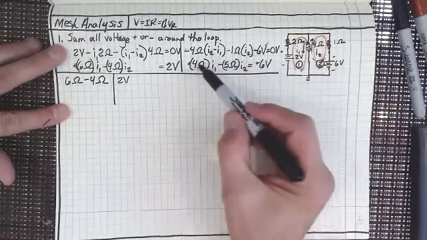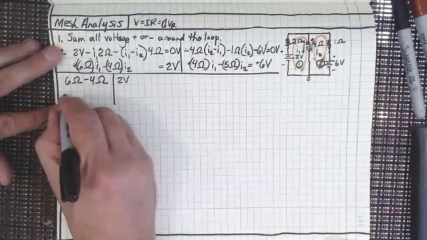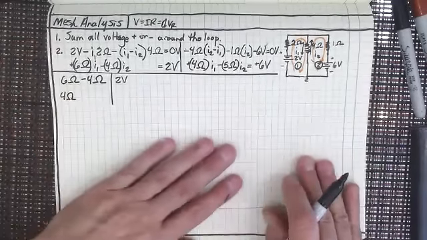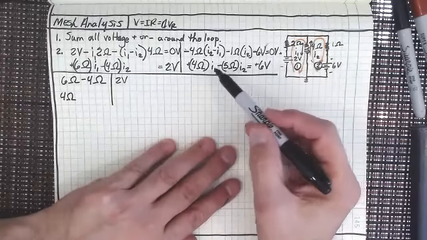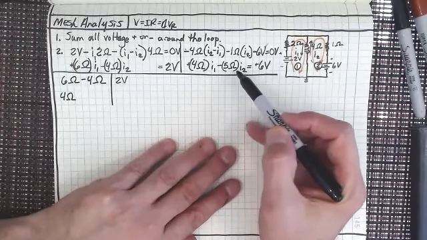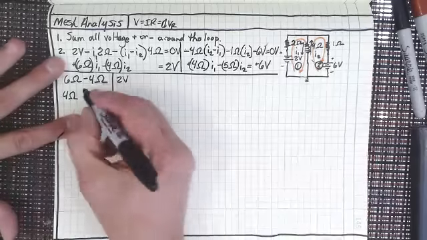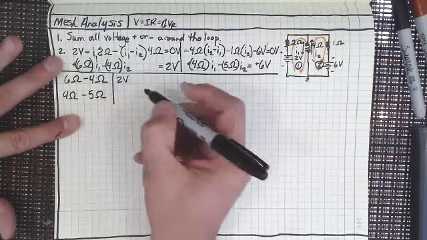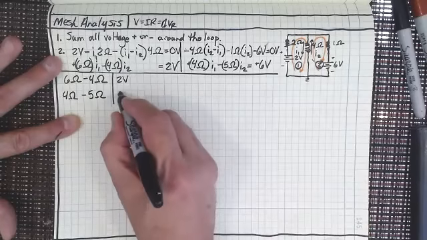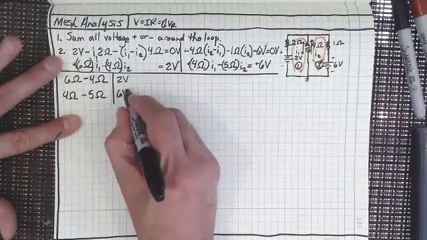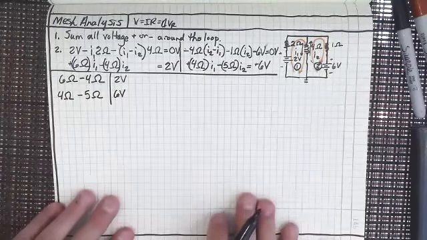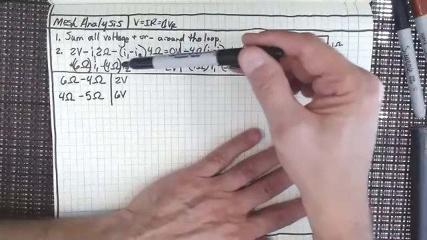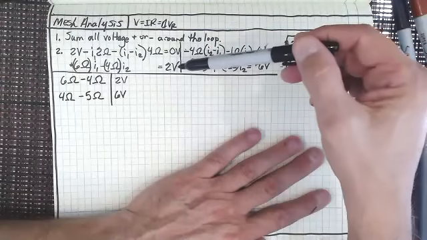And I also have, if I go to this, I have 4 ohms I1 minus 5 ohms I2. I probably wrote this wrong. Gives me 6 volts. Just want to make sure I've got everything right. Minus 4 ohms. Yep, equals 2 volts.